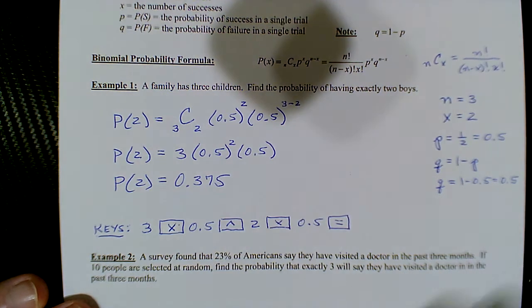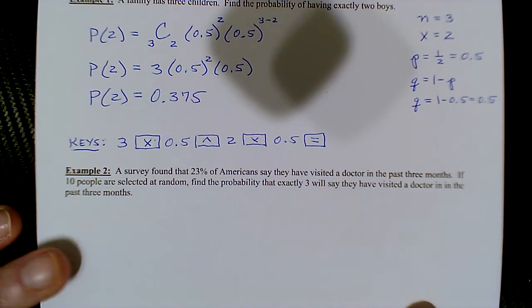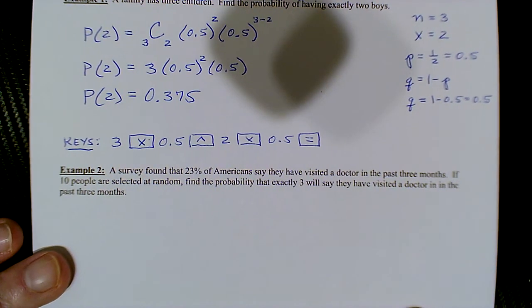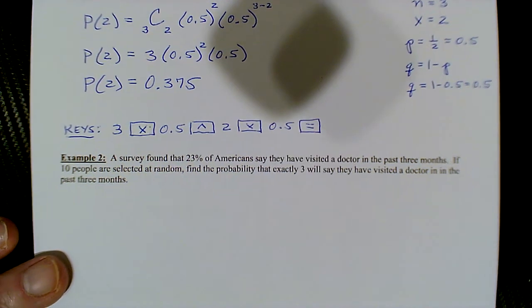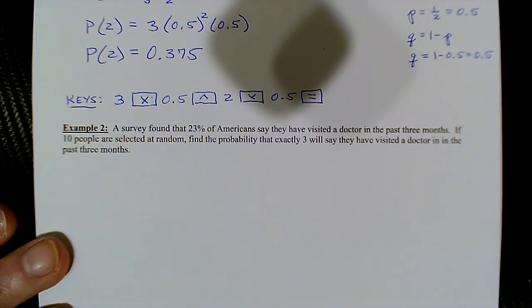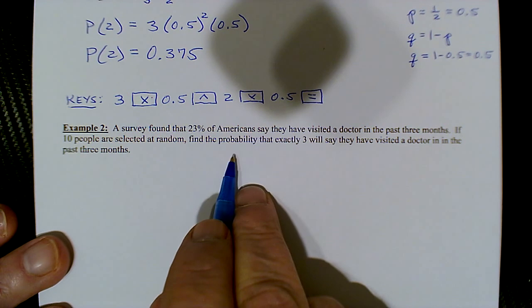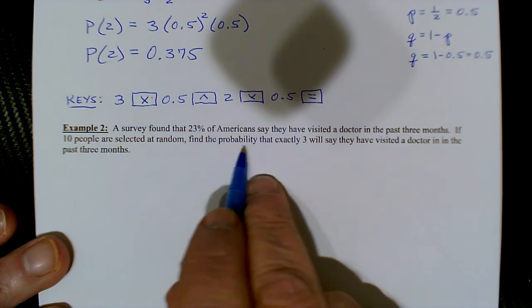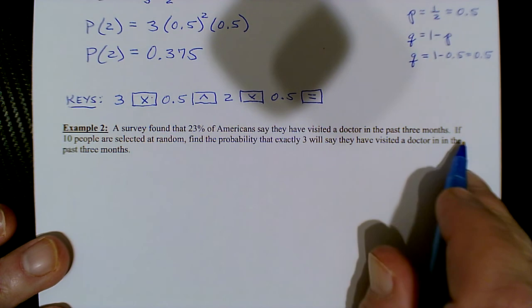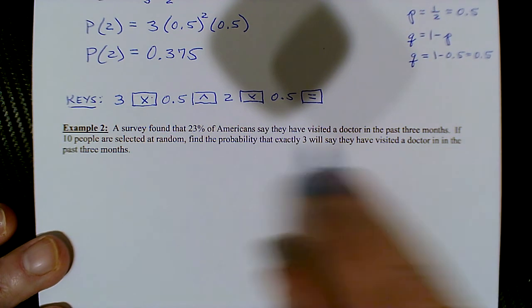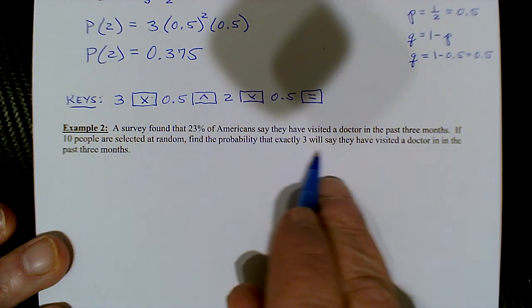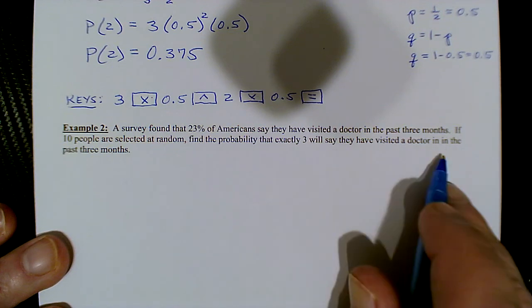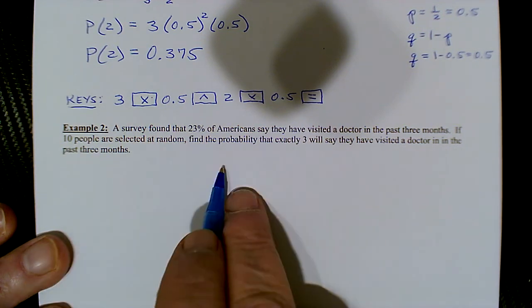Okay, so let's move on to something that's not as simple, something a little bit more interesting. In this situation, we have a survey where 23% of Americans say they visited a doctor in the last 3 months. We're selecting 10 people at random, and we want the probability exactly 3 have visited the doctor in the past 3 months.